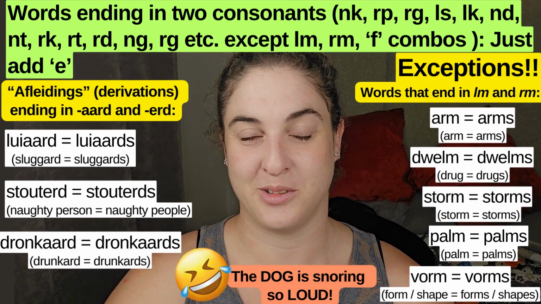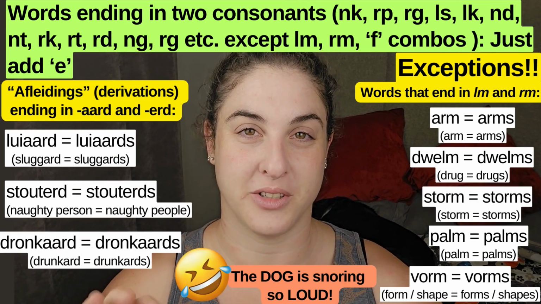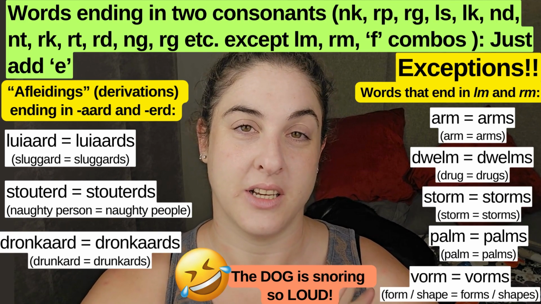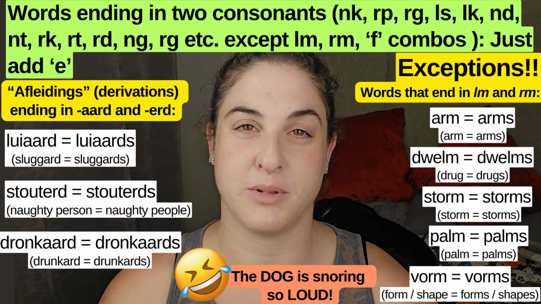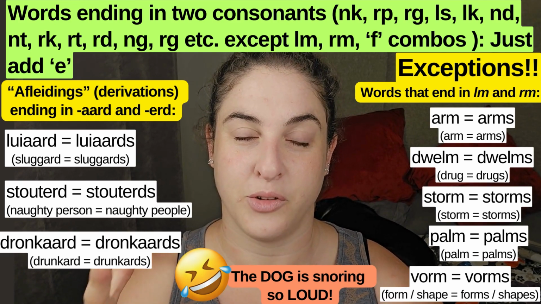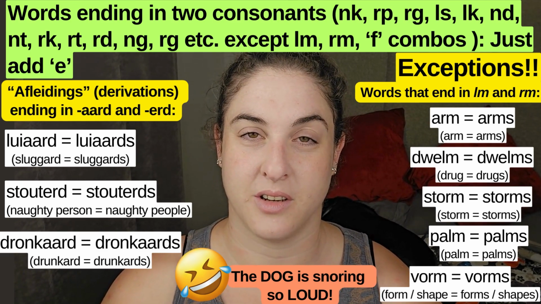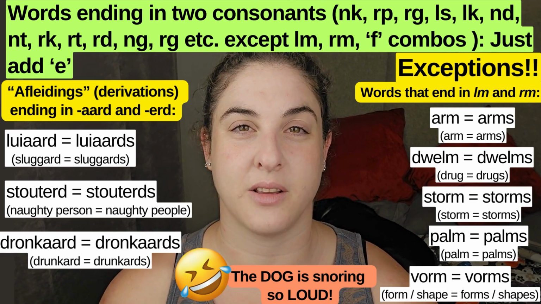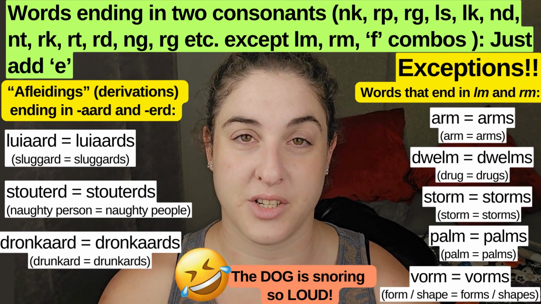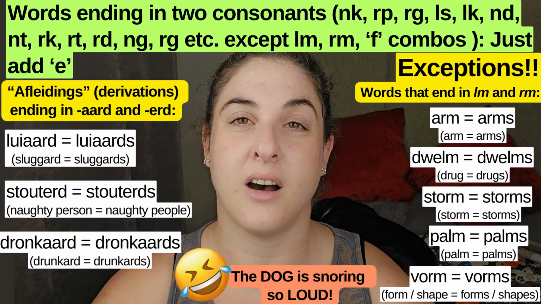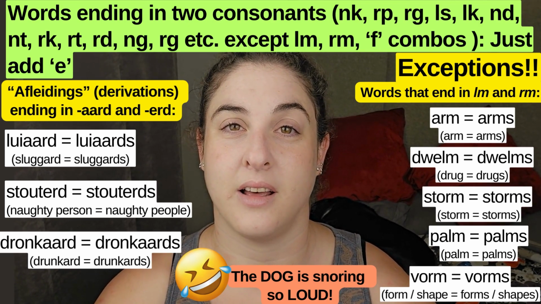Exceptions to words ending in two consonants are as follows. This is never all-inclusive. There are for sure exceptions that I do not mention or forget to mention, but I try and get the important ones. So afleidings again, derivations, ending in aard and aard.